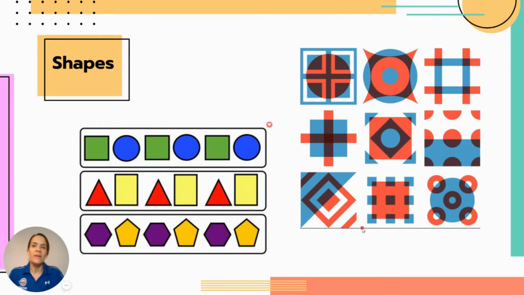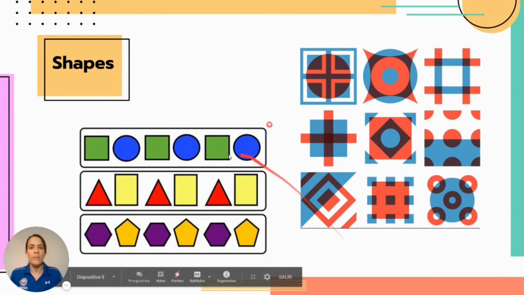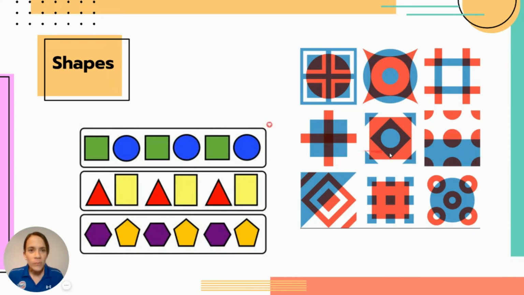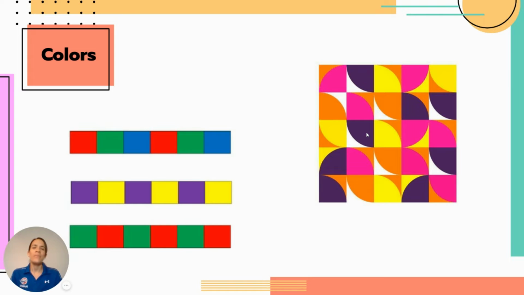Here's an example. When you see shapes, it's easy to identify the most common patterns, right? When they are one after the other. But did you know that when you see this type of shapes, they also mean a pattern? Yes, in this example, we have a pattern made out of colors and shapes.